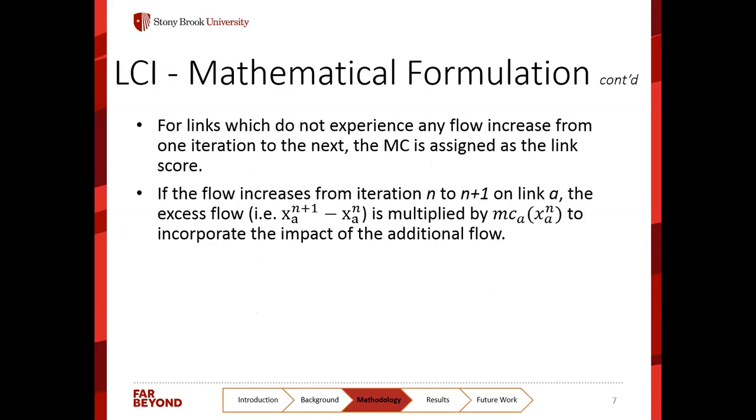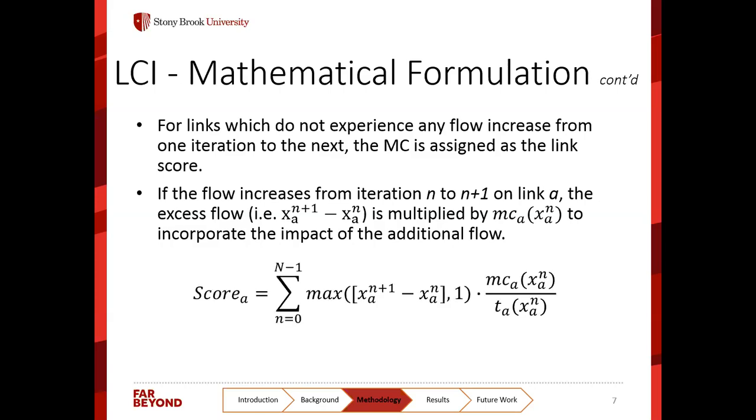But if there's an increased flow from iteration n to n+1, we look at the additional flow assigned on this link and multiply it with the marginal cost, which gives the increase in cost per unit flow. So we multiply by the amount of increase in the flows. And eventually this is how we calculate the score.